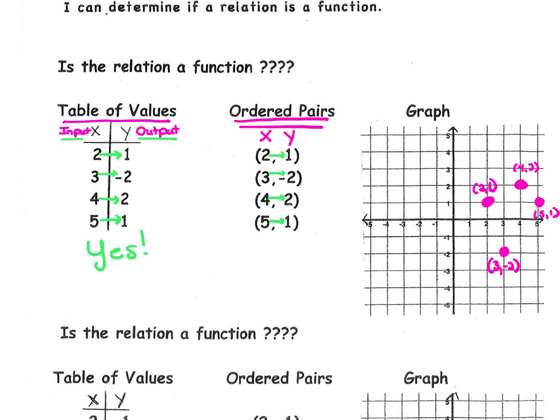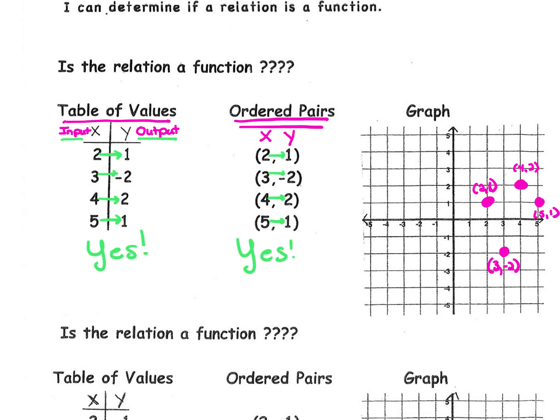So, by studying the X's and Y's in the table of values and the ordered pairs, you can see that this is a function as well. On the graph, you can see that if you look at your X values, they only have one unique Y value.